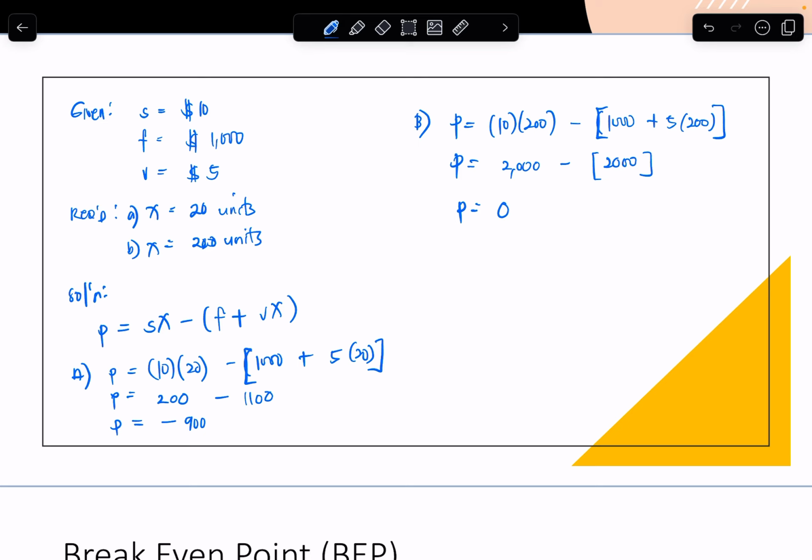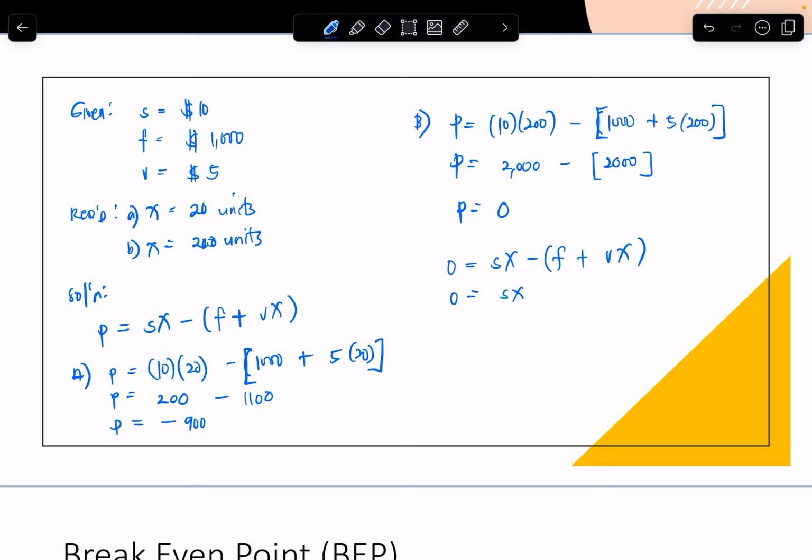So for me to get the break-even point, the profit should be 0. If the profit is 0, then I have S times X minus F plus VX.